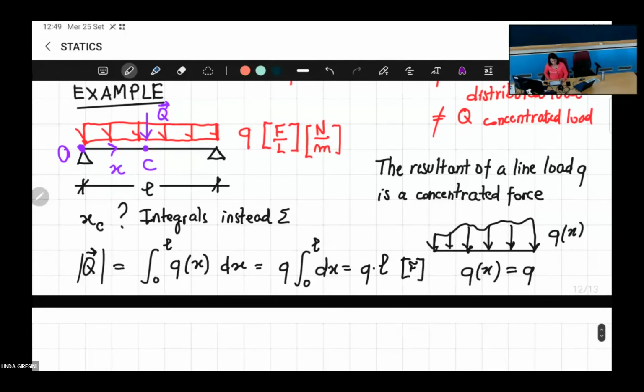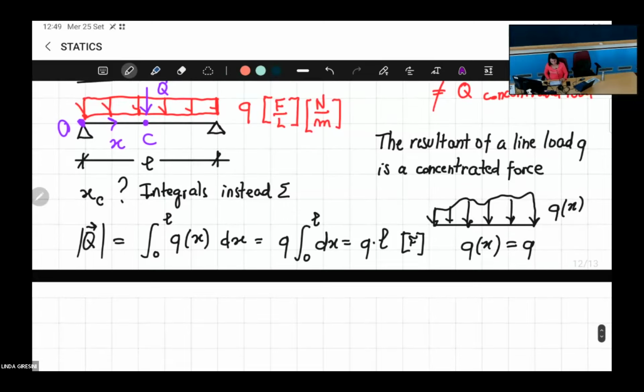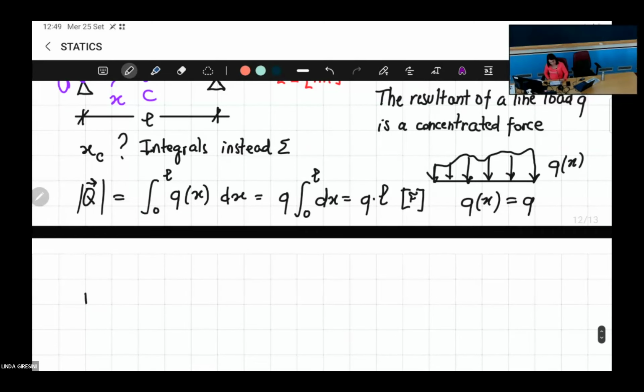Now, this exercise I give to you. We will solve it together next week.